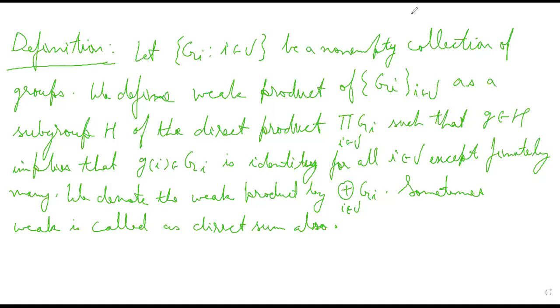So let me just explain a little bit more. When you have the direct product, the elements are tuples, you can say. Though this capital J may be finite, it may be countable, it may be uncountable, we don't know.